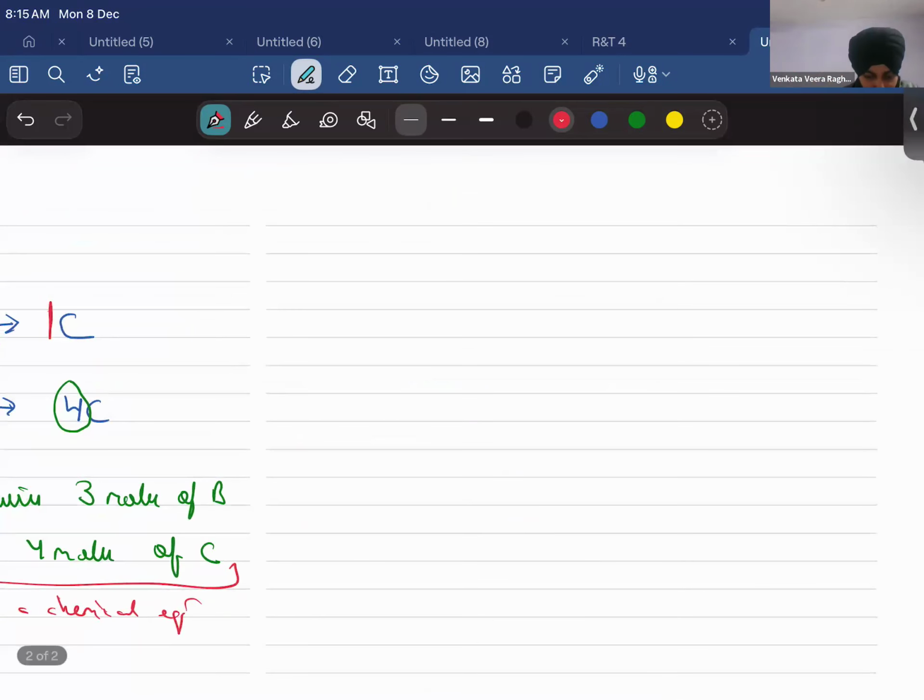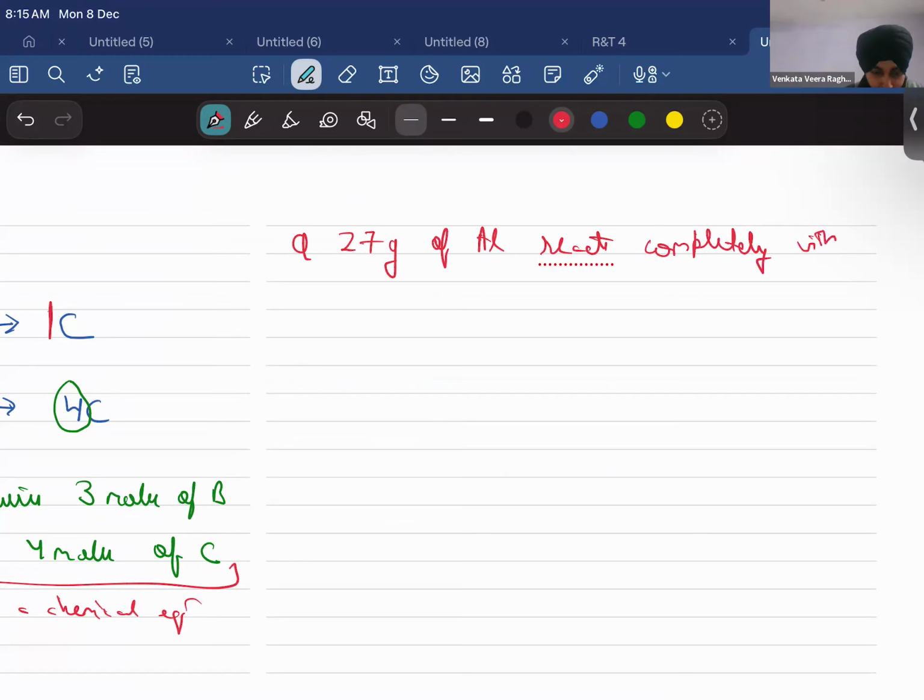Then let me give you a direct question. A direct question says that 27 gram of Al reacts completely with what amount of oxygen gas to produce Al2O3.